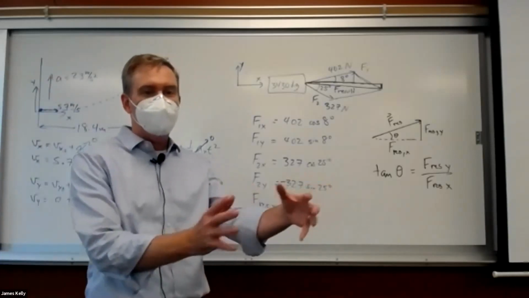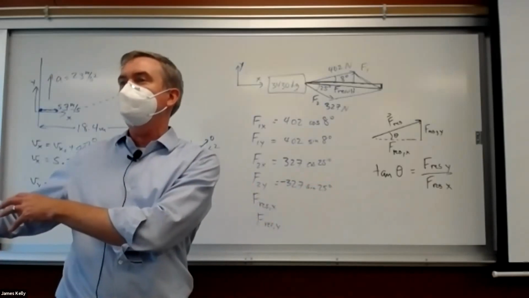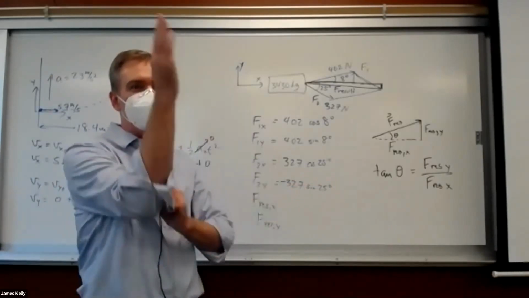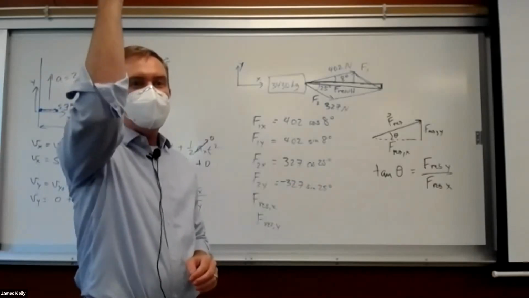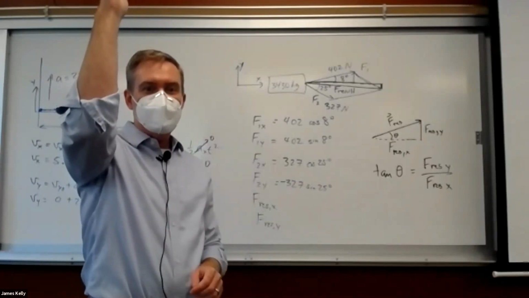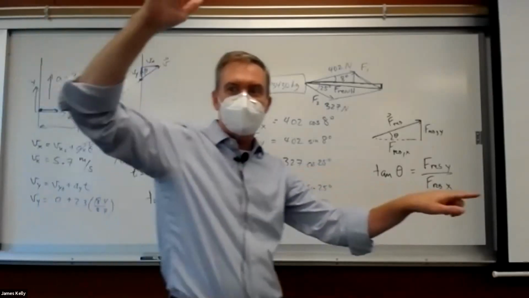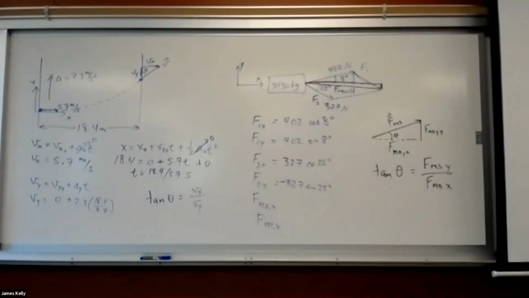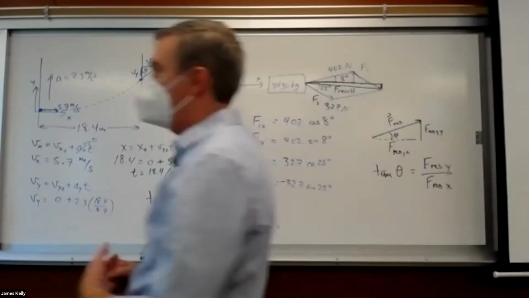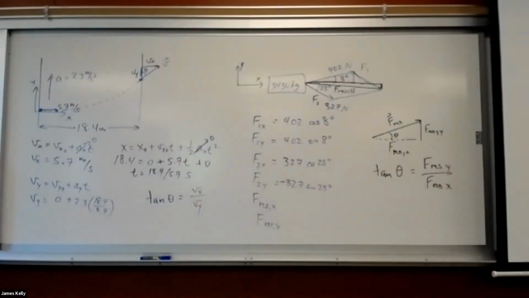Because just like your groceries like to slide back on the seat if you have them next to you as you're accelerating in that direction. Similarly, if you have a light that normally hangs straight down, if the train is accelerating in that direction, the light's going to be at some angle like that. And by measuring that angle, you can figure out the acceleration. That one's a little bit of an oddball problem.